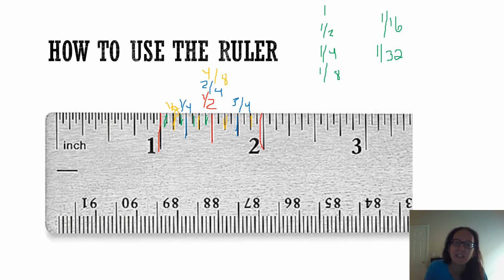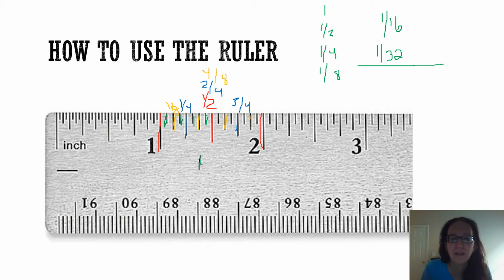Each one of these would go to the nearest 1/32 of an inch. But if you think back to what the directions said, you're going to have to go to 1/64 of an inch. The way that you'll do that is you will estimate in between your 32nds.